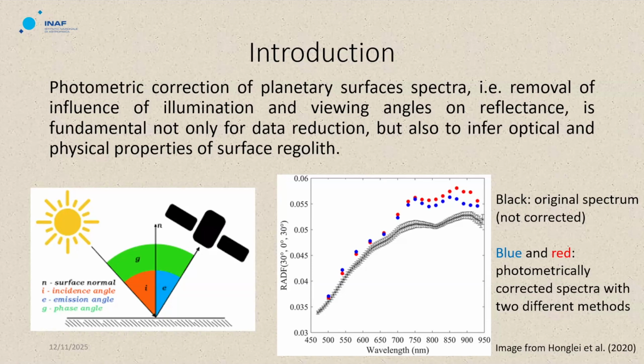I will not discuss more the differences between photometric methods, because the method I'm going to present is in agreement with other methods, so the results are the same. This is just to introduce the issue.